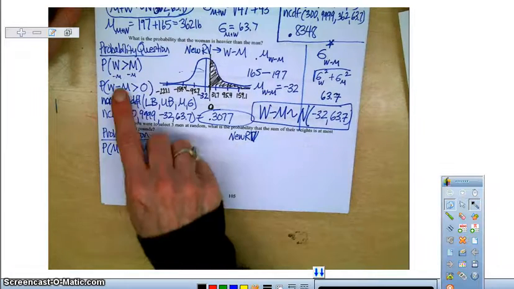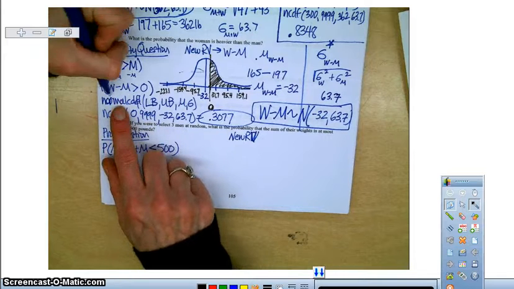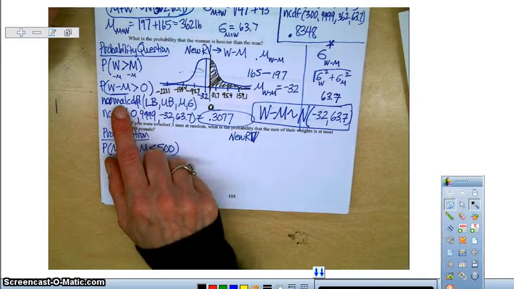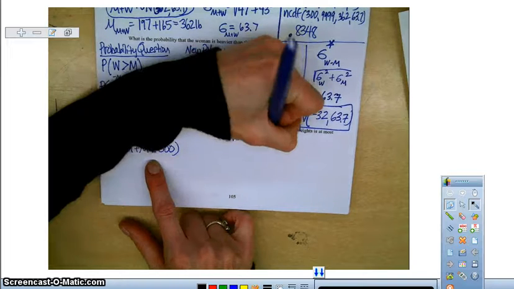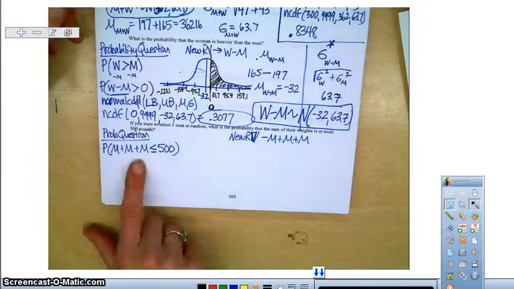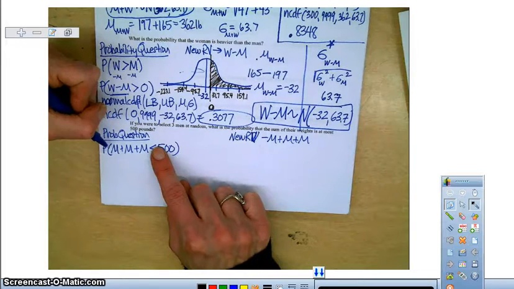In the next one, I had men minus women. That was my new random variable. Where's it coming from? The probability question. Isn't the random variable coming from the probability question? So what's my new random variable? Men plus men plus men. That's why we do the probability part first. That part is the new random variable that I need to find the mean and standard deviation of.